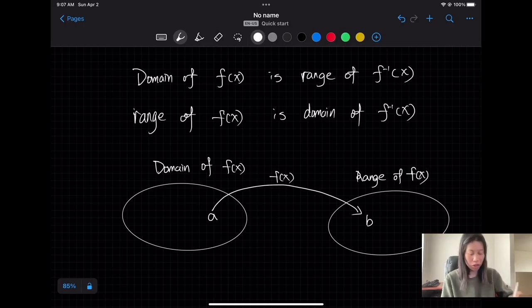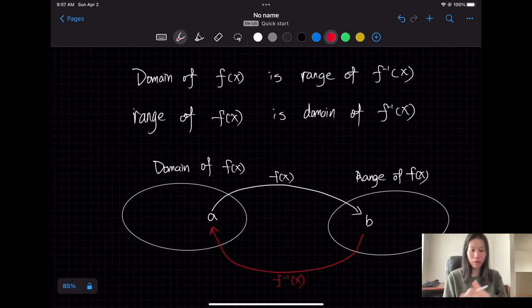But for the inverse function, if you operate from b, it will give you a. So that's the opposite.